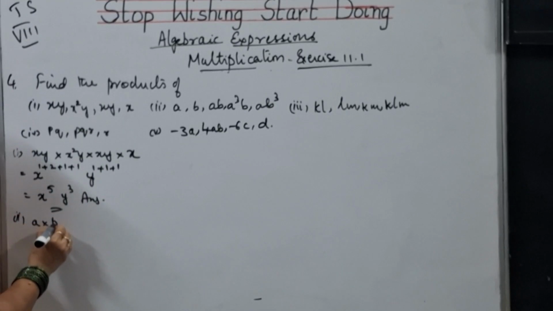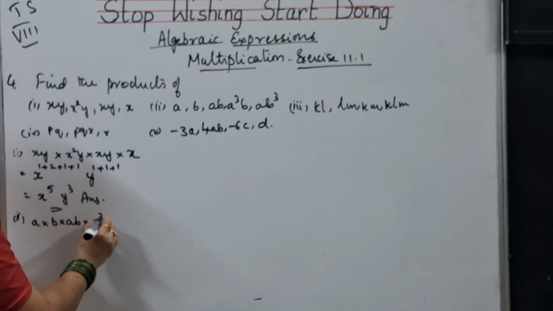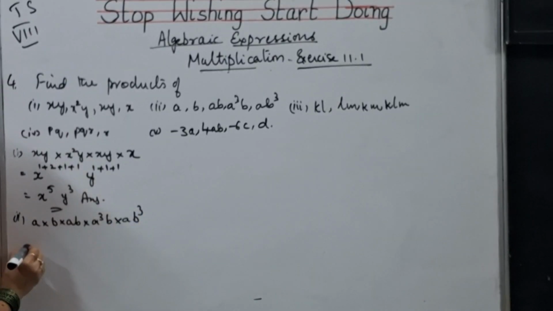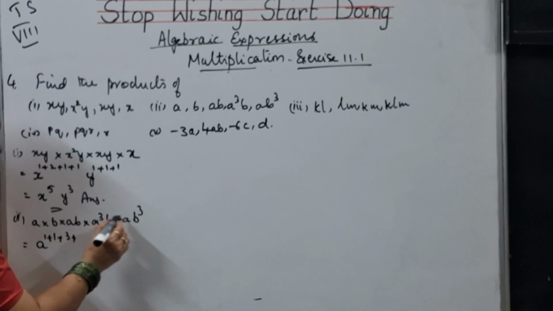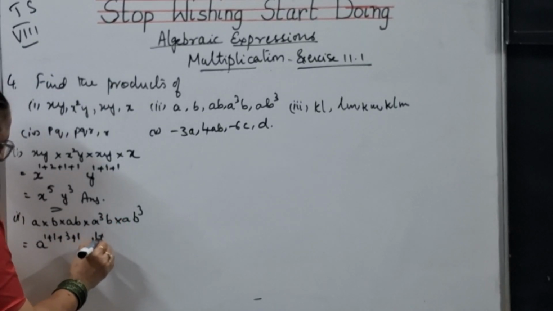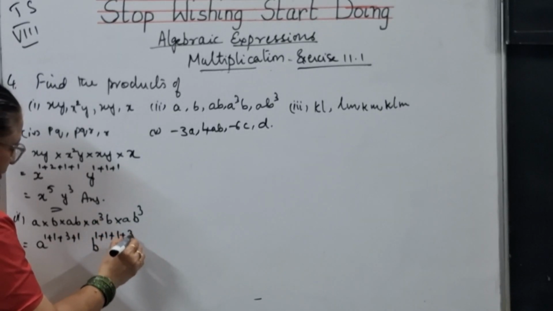a into b into ab into a cube b into ab cube. So this we will also do like this. For a, the powers are 1 plus 1 plus 3 plus 1, and for b, 1 plus 1 plus 1 plus 3.